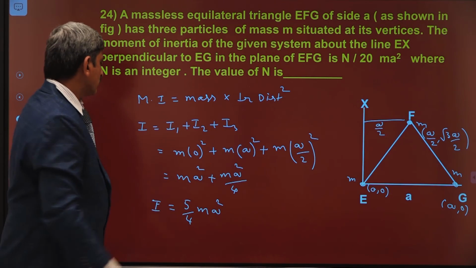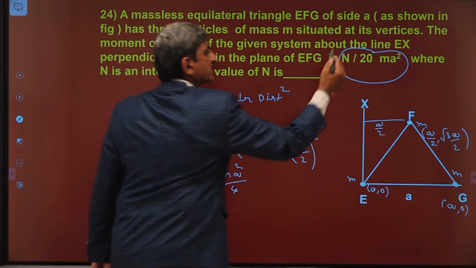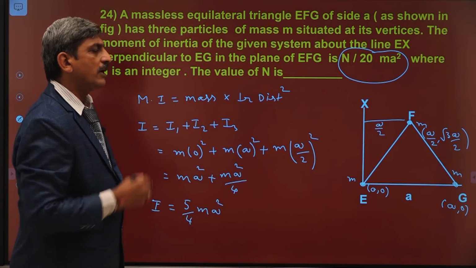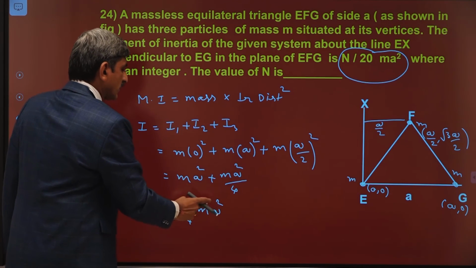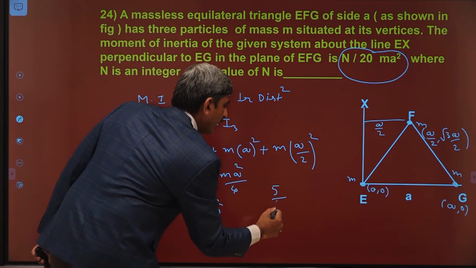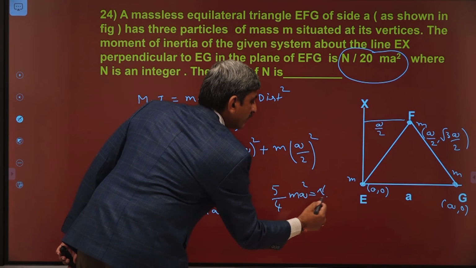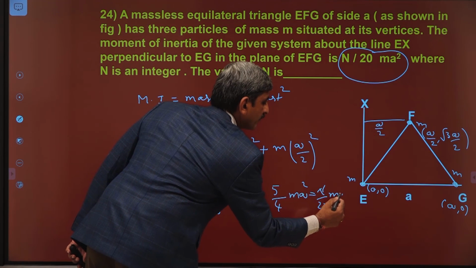But in the problem, the moment of inertia of the system is given as n by 20 m a square. In that equation, we have to find out n value. So equate this obtained value to the given value, that is 5 by 4 m a square is equal to n by 20 m a square.